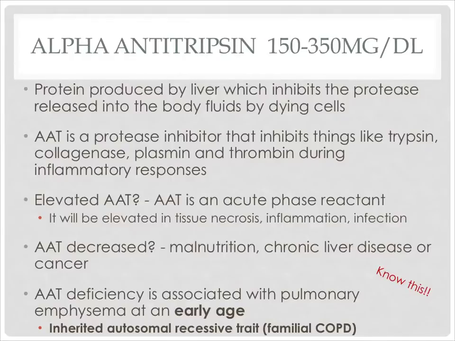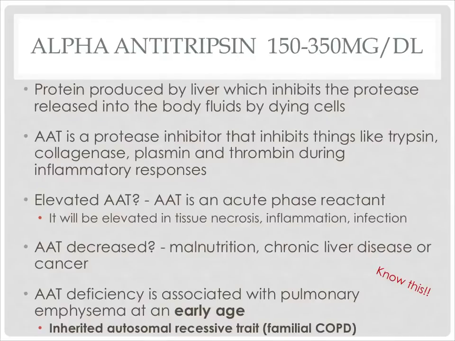If you've been diagnosed as having an AAT, an alpha antitrypsin deficiency, this is associated with pulmonary emphysema at an early age. All right, so this is where you're going to potentially see emphysema in a patient who has no smoking history. And this is typically going to be genetically related, an inherited autosomal recessive trait, otherwise known as familial COPD.